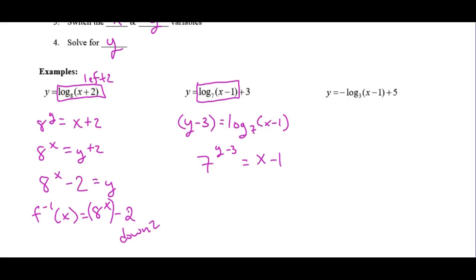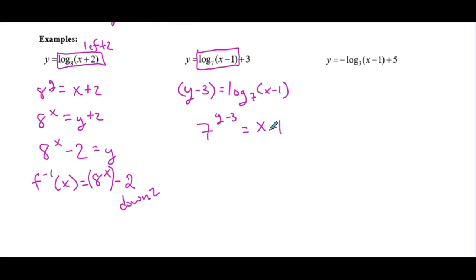So that is rewriting in exponential form. All I've done is rewrite. Now, when I switch x and y, now the x and y have switched positions. Now that I've done that, now it's an inverse. Now I've taken the inverse. And now I need to solve for y.